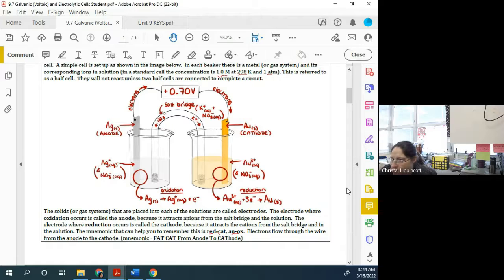The other one is the oxidation. So the electrons are going to flow through the wire. When the electrons flow through the wire, this is actually going to form more gold on that electrode. So this is going to get bigger and this will get smaller.